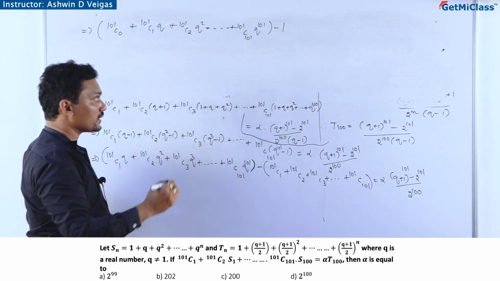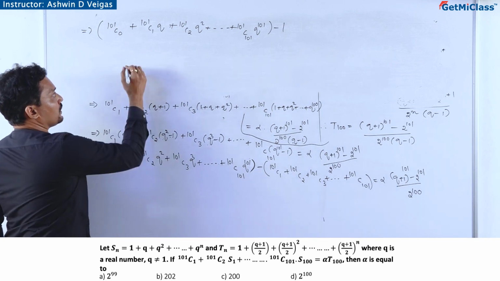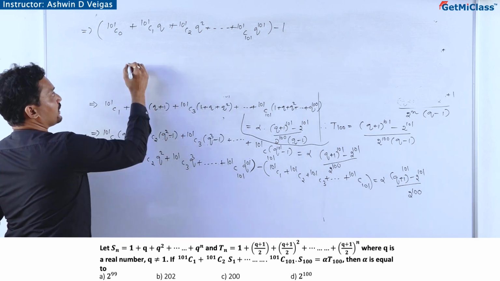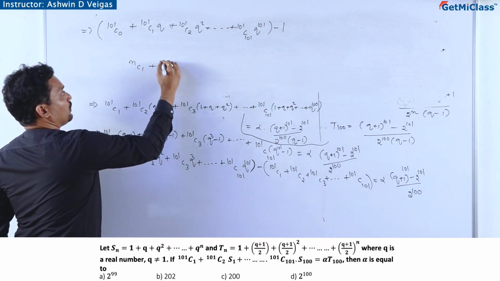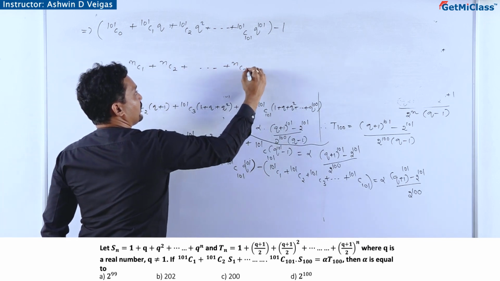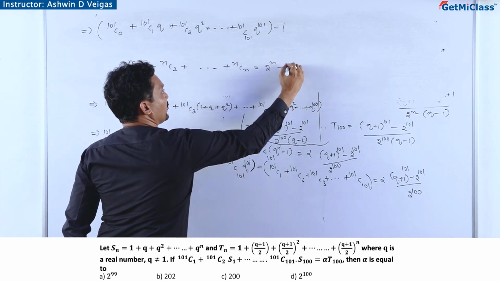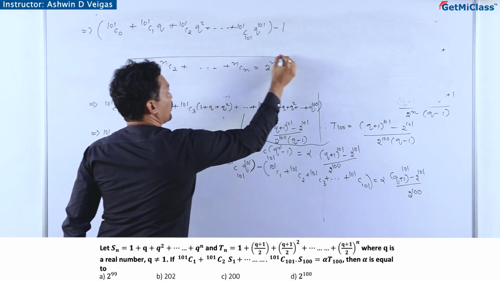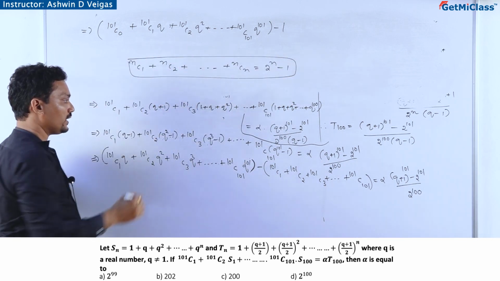Now there is another result in combination: NC1 plus NC2 plus similarly up to NCN is always 2 power n minus 1. This is a very important result, and we have it here.